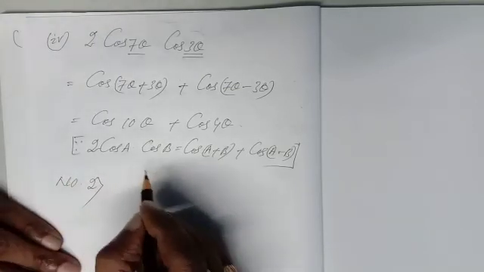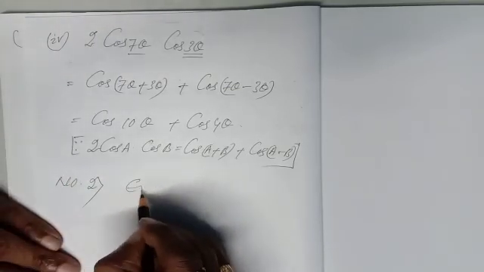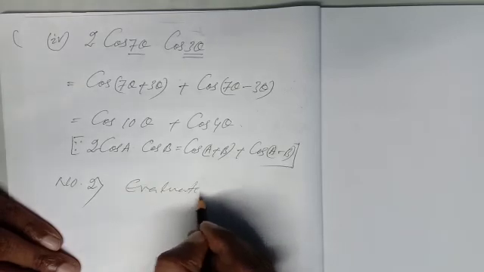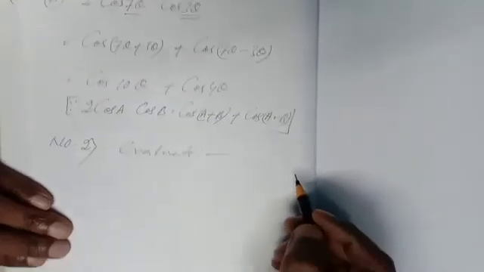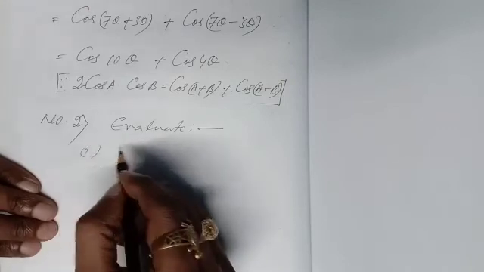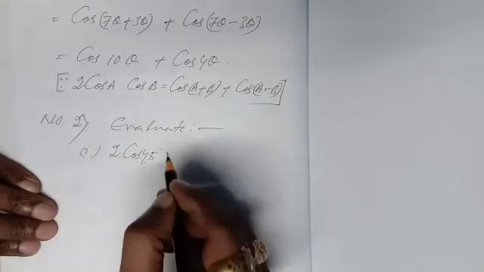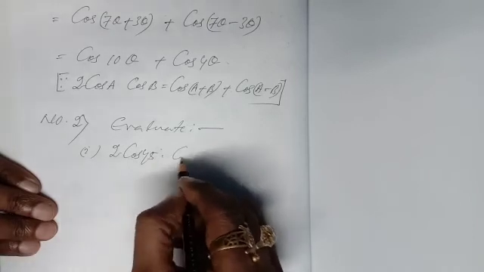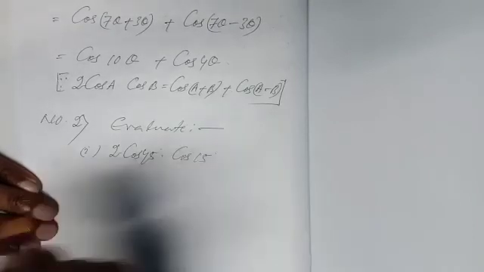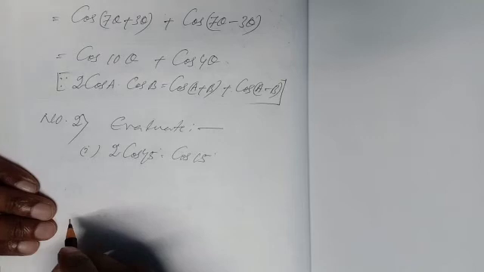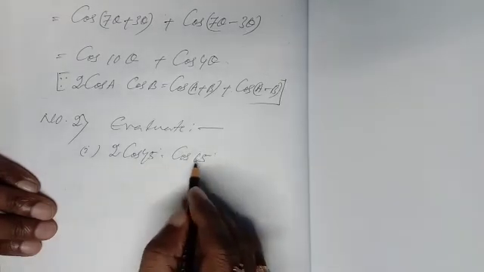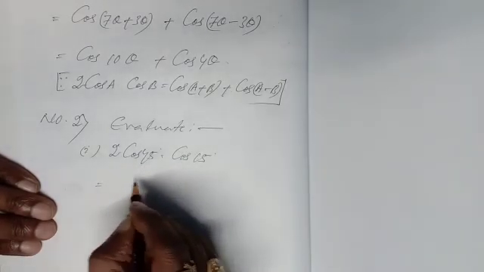Question number 2 says evaluate. See the first part: the question is given as 2 cos 45 degree into cos 15 degree. That means you apply the 2 cos A cos B formula here, just as before.